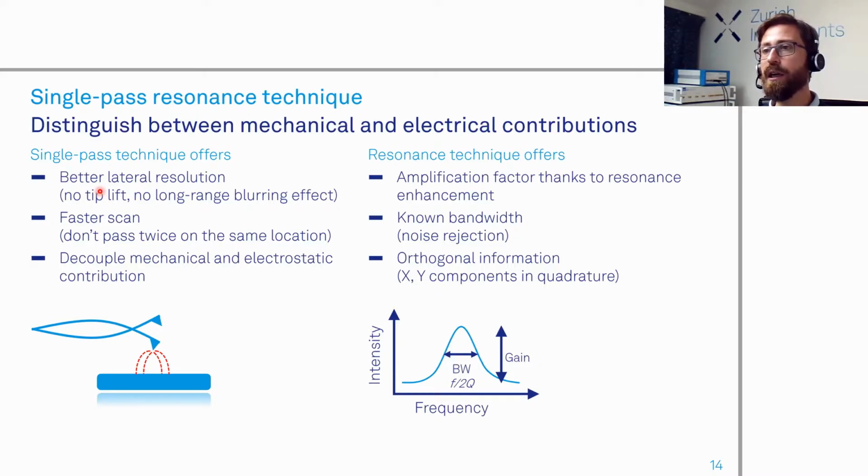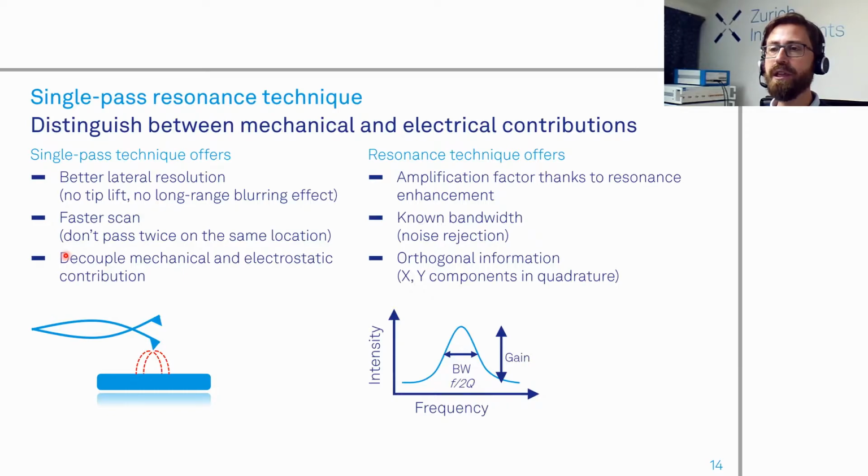That allows getting closer to the surface, so for better lateral resolution. You don't need to lift the tip, so you don't have a blurring effect or a rather longer range capacitive stray field. Of course, you go faster because you don't go twice over the same location. And actually, the most important is that you can nicely decouple the mechanical contribution from the electrostatic one.